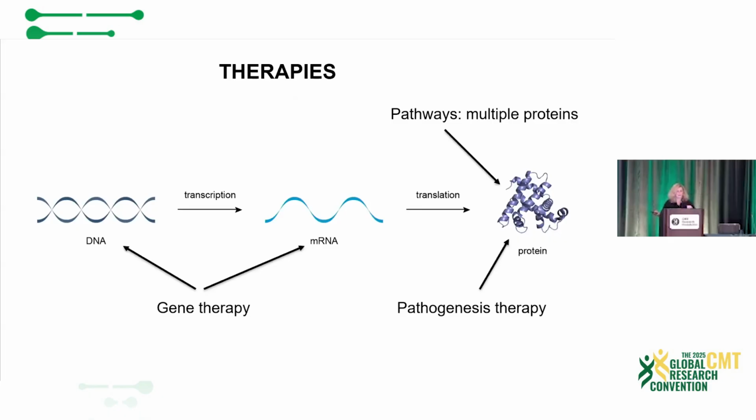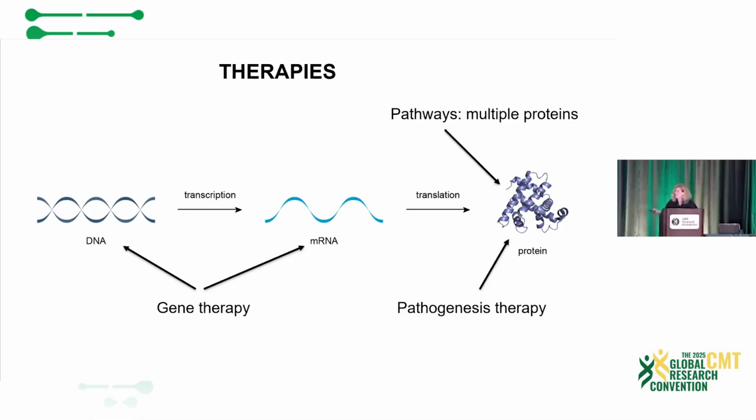So in terms of therapies, I'm going to just dwell on this for a moment. I think of them very simplistically. Everybody has a code of DNA that gets transcribed to messenger RNA and translated into a protein. So when you develop treatments, you can do three things. You can do what's been done traditionally: work out how the abnormal protein causes the disease, and you have what's called pathogenetic therapy. The therapy is based on what the protein does wrong.